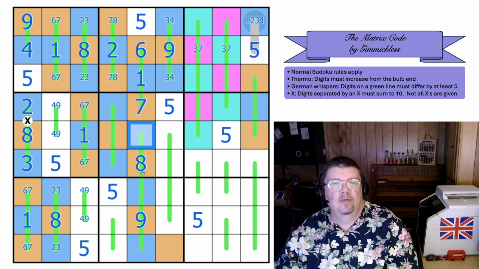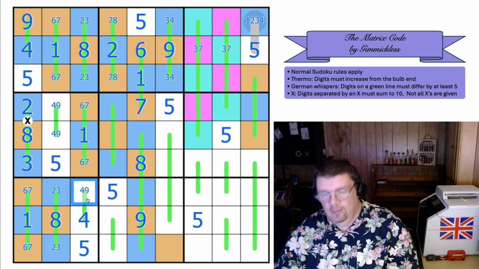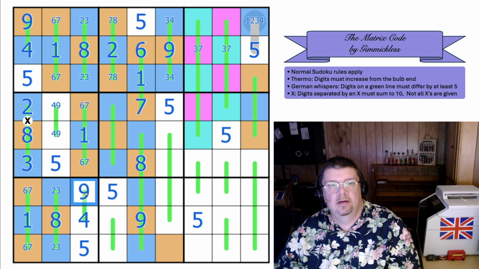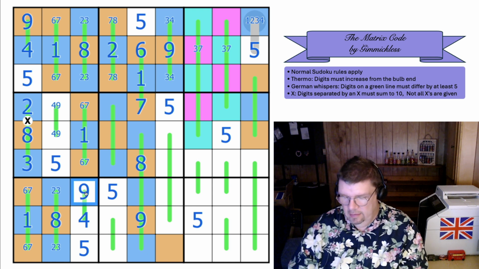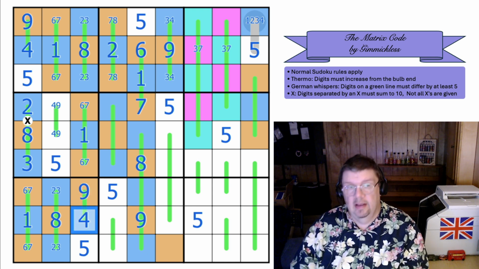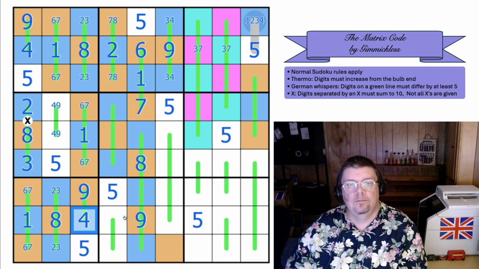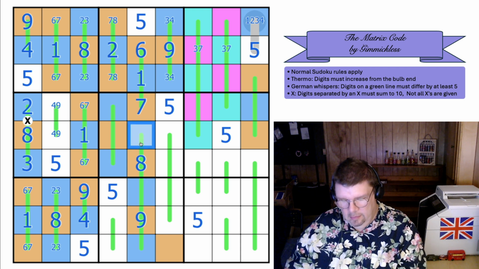That can't be 4. In fact, that's a 9. So that's 4 and that's 9. And we can colour that high and that low. That is a 2 or a 3.